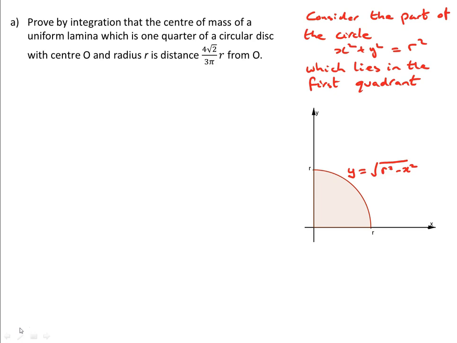If we take the area enclosed by that quadrant of the circle, together with the x-axis and the y-axis, we have 1/4 of a circular disc.